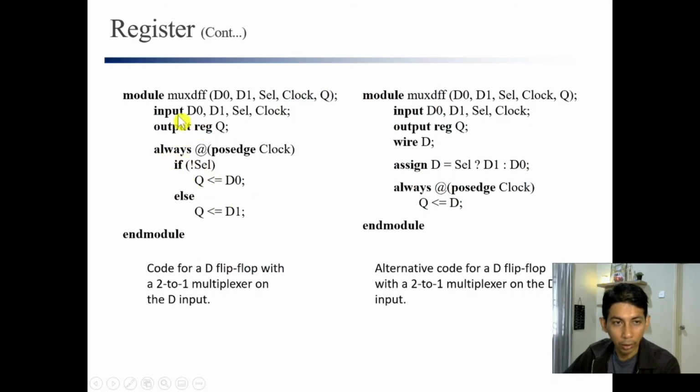We have the module with the flip-flop: D0, D1, select, clock, Q, where these are the inputs, and we have only Q as the output. If you write like this, of course, you will have the multiplexer in front of your flip-flop. You will get something like this.